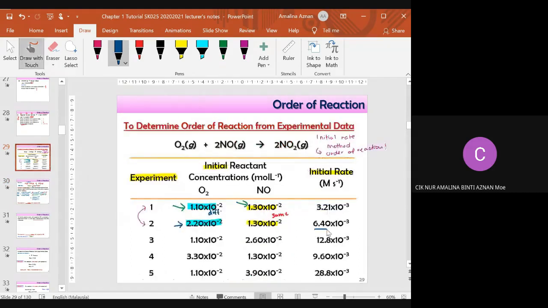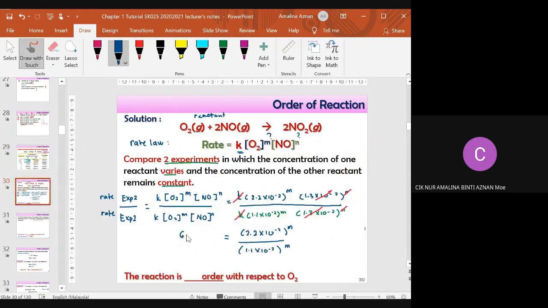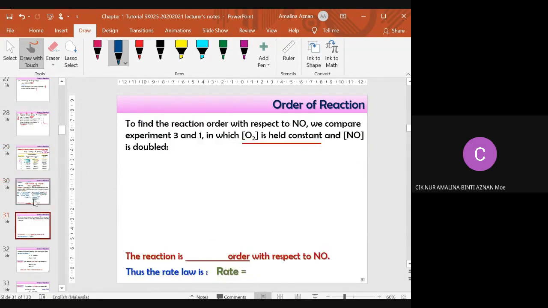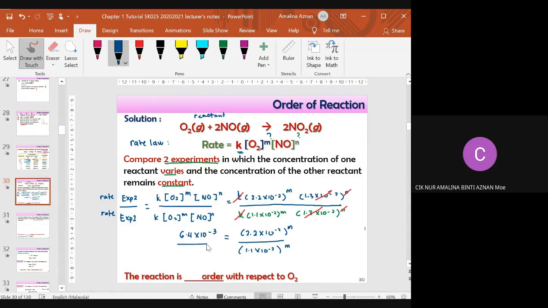So ini rate eksperimen 2, 6.4 exponent negative 3, divided by eksperimen 1, 3.21 exponent negative 3.